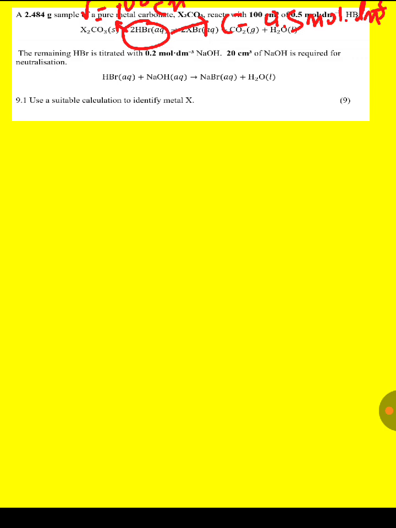Using that information, I can get the number of moles. But since the volume is in cubic centimeters, I must divide it by 1,000. So that is 0.1 cubic decimeter.